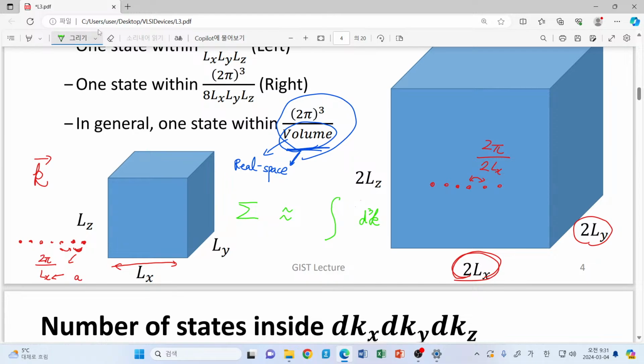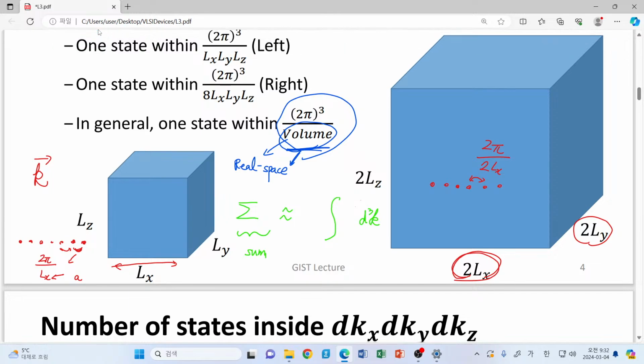However, please note that if we do it, there is a change in its unit. On the left-hand side we just make a sum, and there is no difference in its unit.